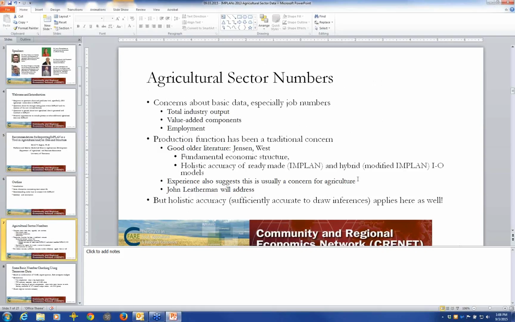My experience, from talking and working with others, also suggests that when you're going to these ready-made models, like an IMPLAN model, agriculture is a concern because of that natural resource base. I think John Leatherman might get into this a little bit, because that's really what he's dealing with, the production function. But this whole idea of holistic accuracy, in terms of whether your model is sufficiently accurate to draw inferences, applies here as well. We're talking about these big numbers like your employment values.